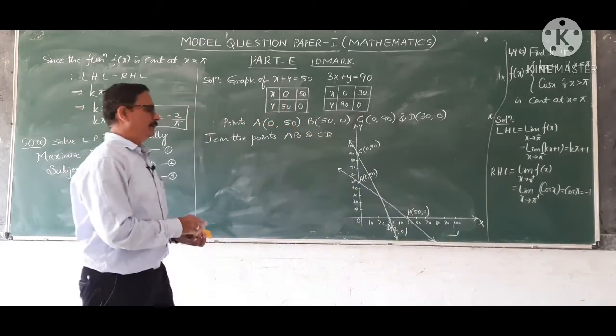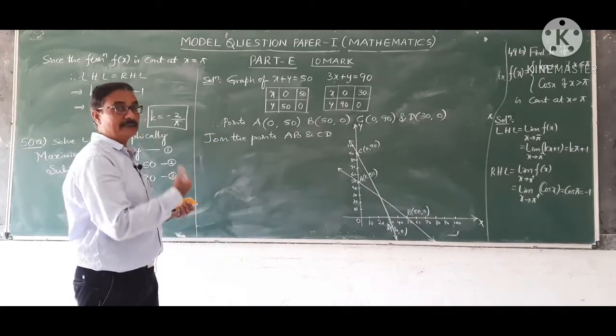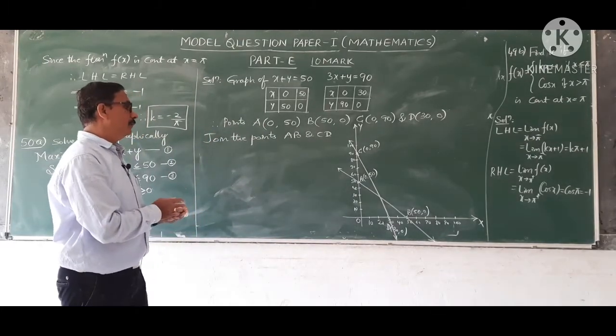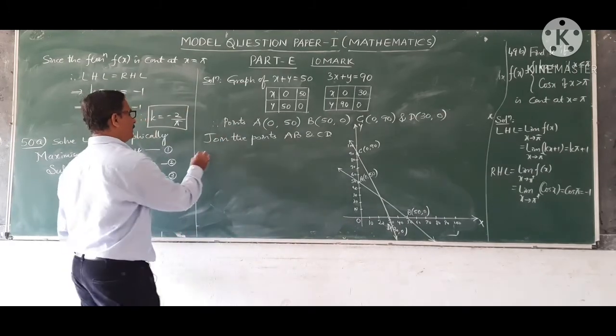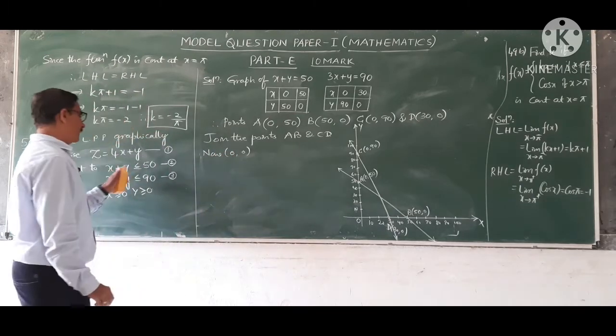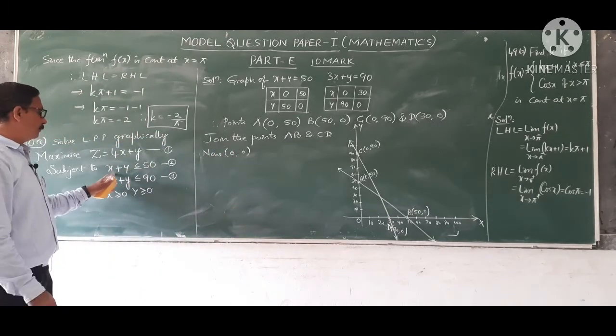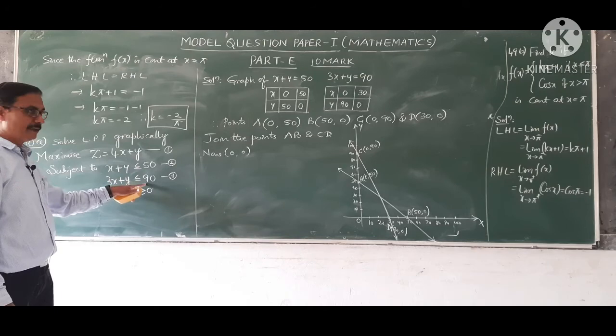Now verify. There are two parts, upper part and lower part. Now shade the portion. For our convenience, take the point 0, 0. Put x is 0, y is 0 in the second inequality as well as the third inequality. 0 plus 0, 0 less than 50, yes. 0 plus 0, 0 less than 90, yes.